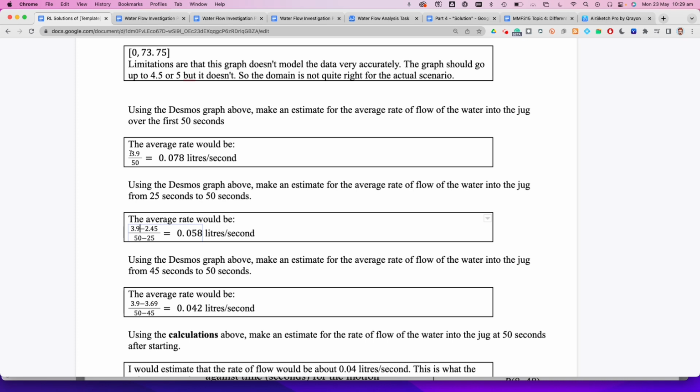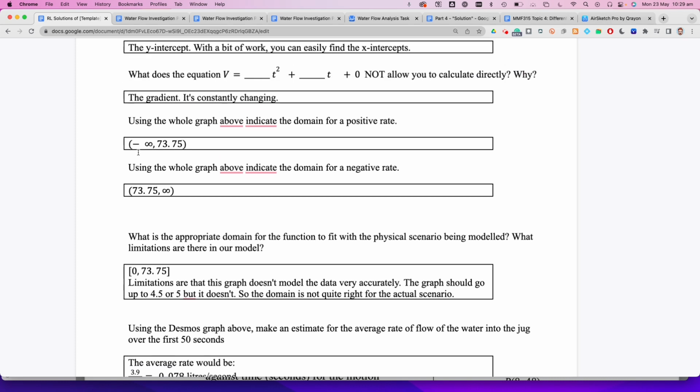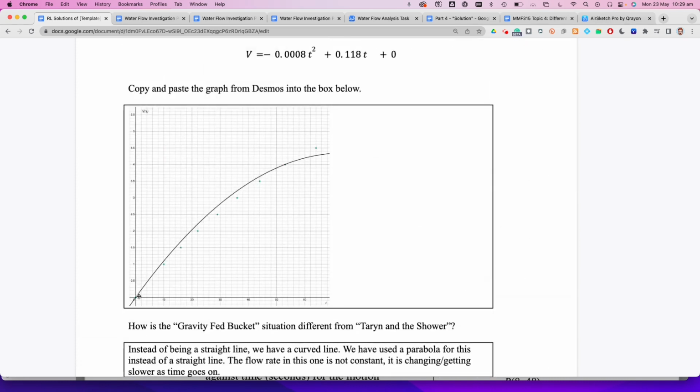How did I work that out? Well, I looked at the coordinates at 50 seconds and saw that the y coordinate was 3.9 litres. So really all I'm doing is I'm taking this graph and I'm saying if I produce a straight line from 0 to 50, which is 3.9 on my graph, what would the gradient of that straight line be? 3.9 over 50.